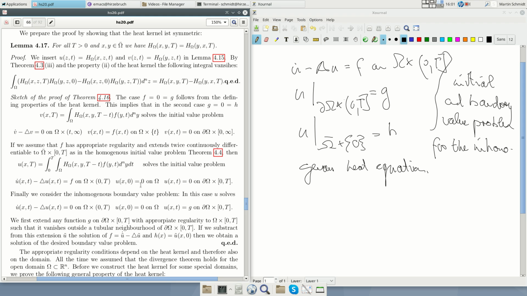Why is it initially 0? Because for t equals 0, this integral goes to 0 if t goes to 0. And since this already vanishes at the boundary, this also vanishes on the boundary.